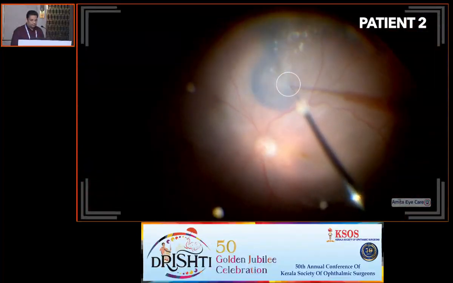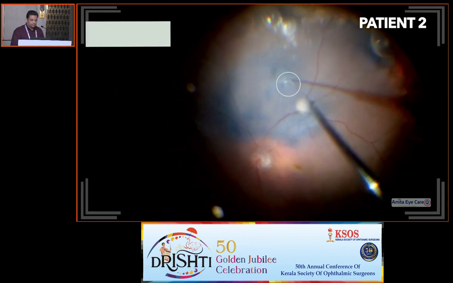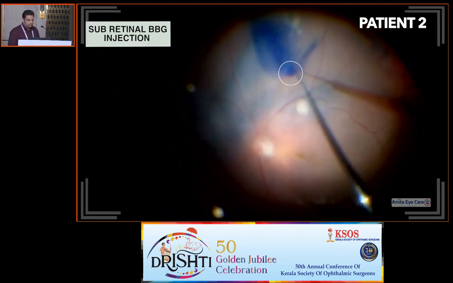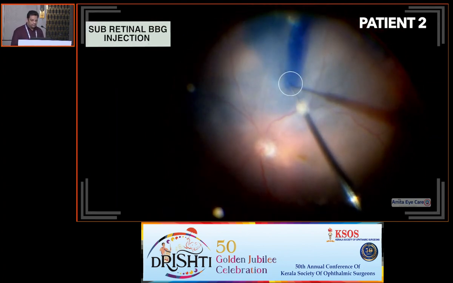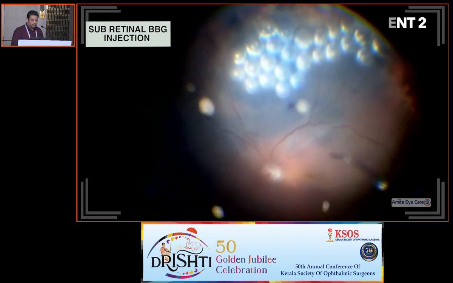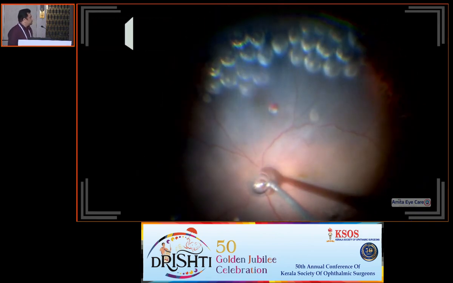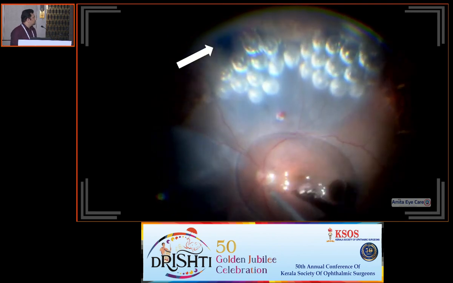We use this same technique in another patient where we inject BBG dye in the subretinal space to visualize the occult break. We should make sure that there is no air in the injector or there will be an inadvertent injection of air bubbles in the subretinal space as you see here.